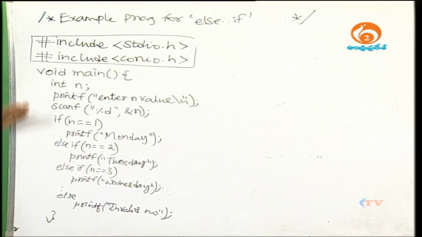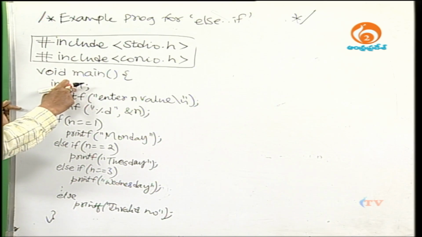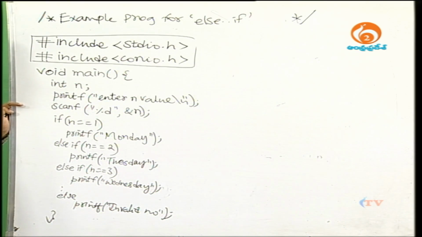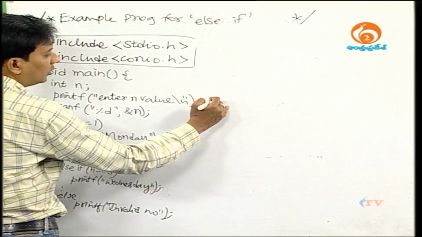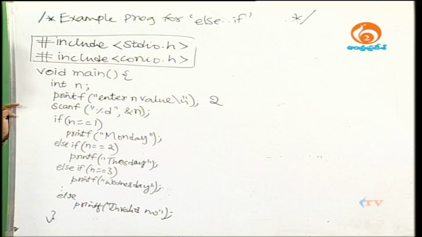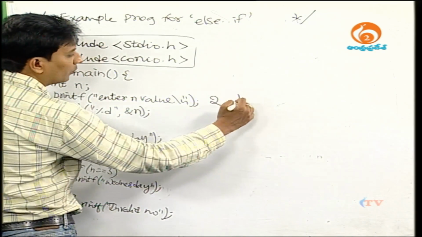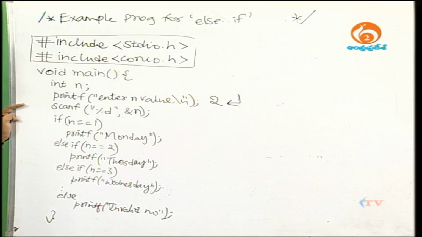First, for this I am creating one local variable n. N is a variable of type integer, means this n is eligible to store only integer value. Next, here enter n value. I entered here 2 from the keyboard.